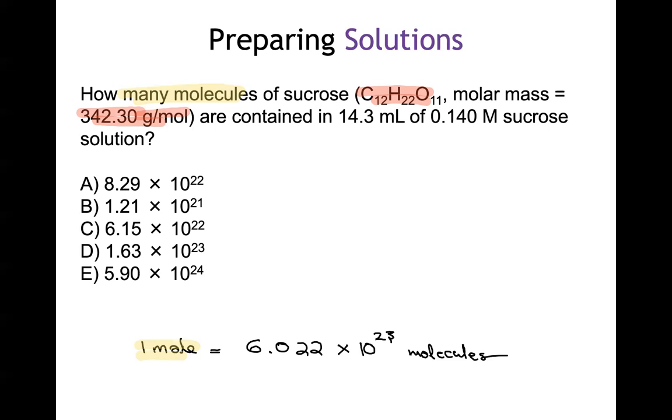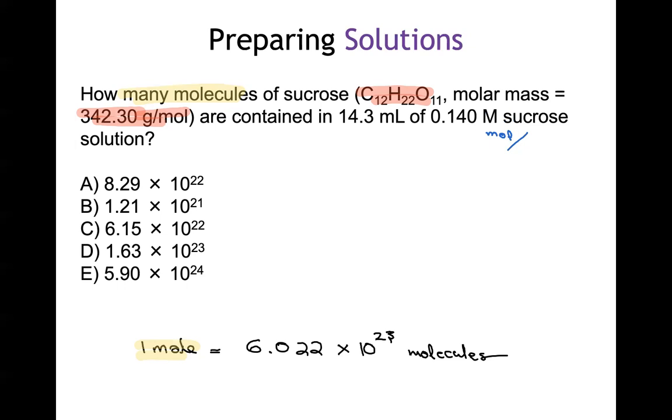Okay, let's start with what we're given. We know that 0.140 is really molarity, which is moles per liter. And ultimately, we need to calculate the number of moles that are present.